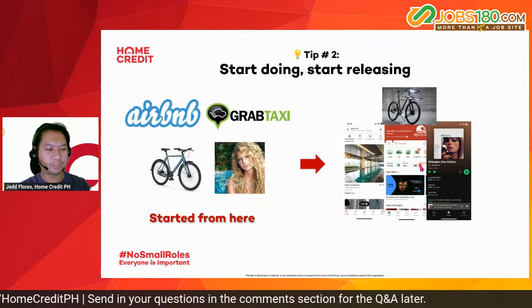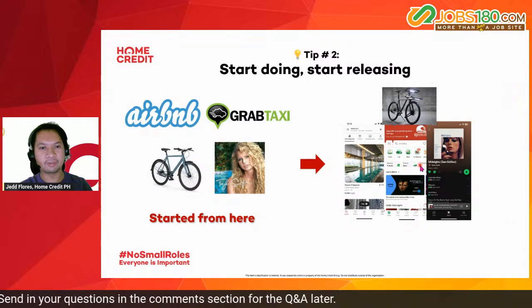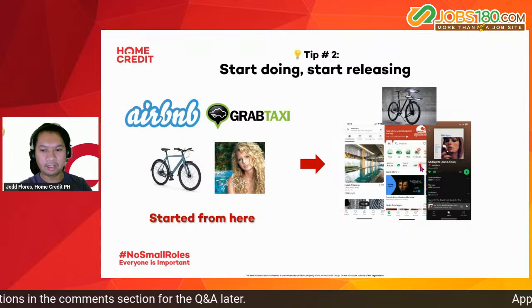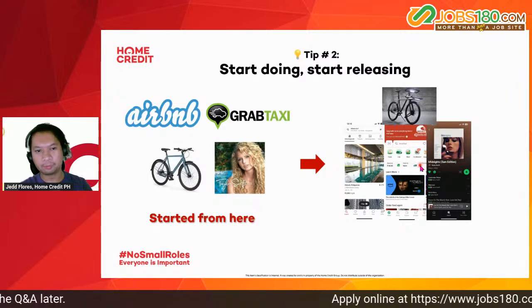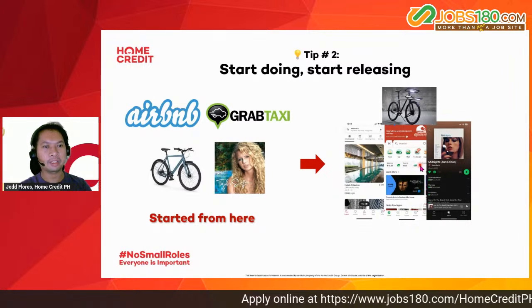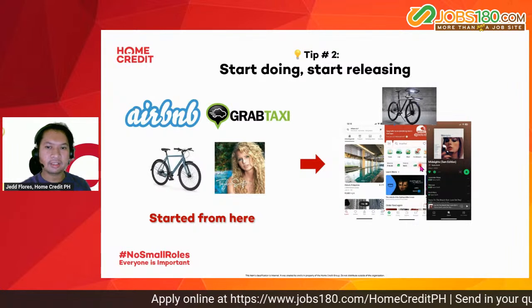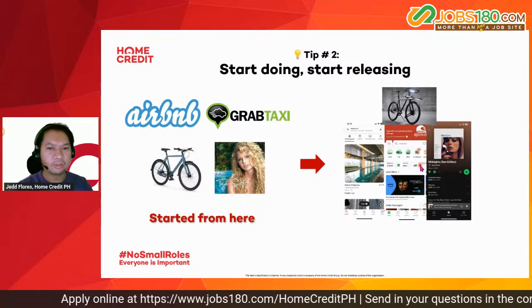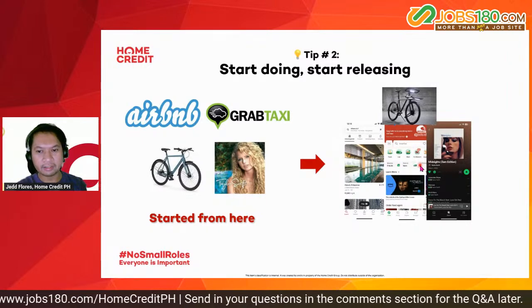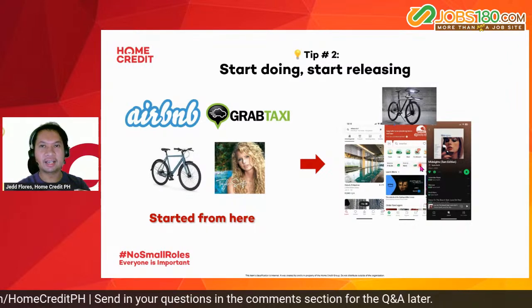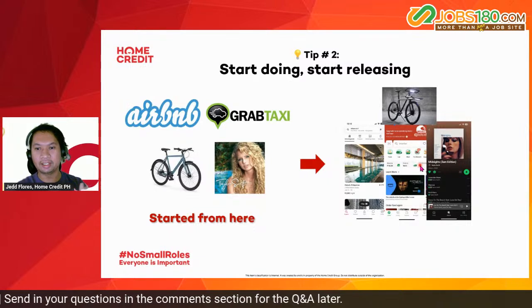For Grab Taxi, it was for difficulty finding a reputable taxi to bring you from point A to point B. And that's how they started. That was years ago. That was something that, in hindsight, is history now, in terms of how fast tech evolves, year on year, month on month.